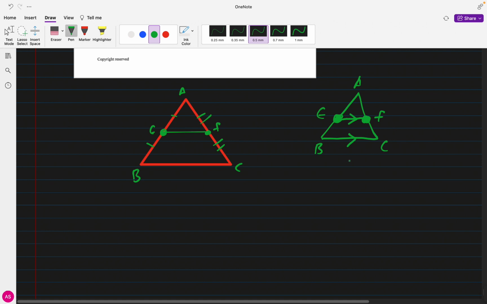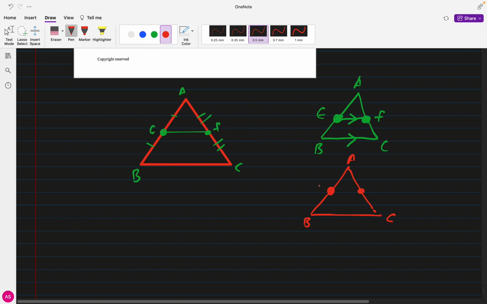Okay, let's try that again one last time. I'm going to change the color there. Right, we have a triangle. Triangle is called A, B, C. We draw a midpoint there, another midpoint there.